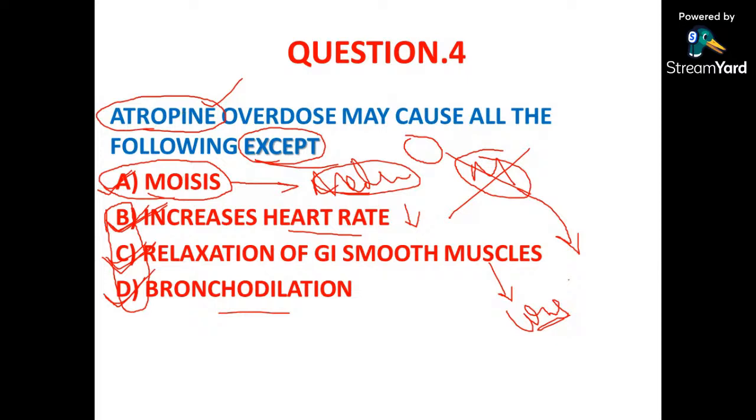Atropine causes mydriasis, and here they have given meiosis. So atropine overdose may cause all except meiosis. It increases heart rate, it relaxes GI smooth muscles, and it causes bronchodilation. I think the fourth answer is also clear to you.